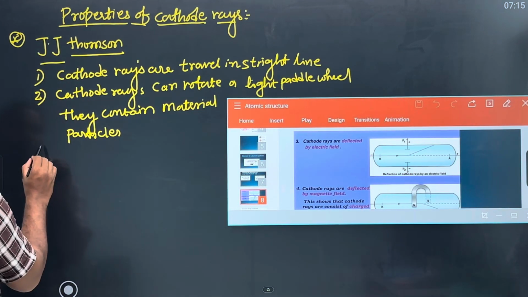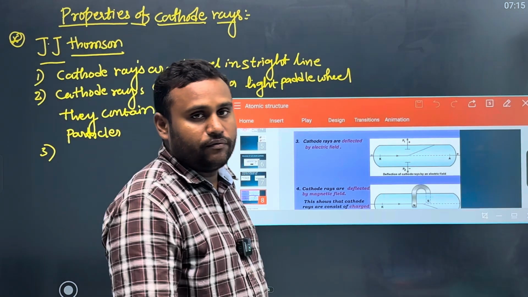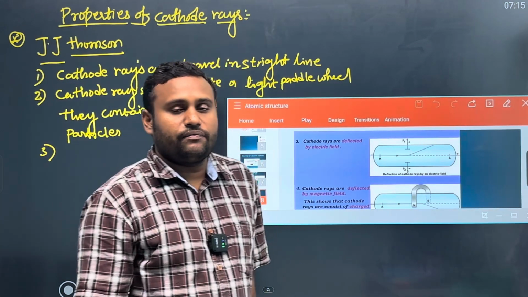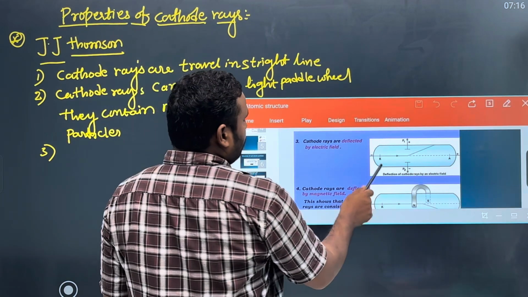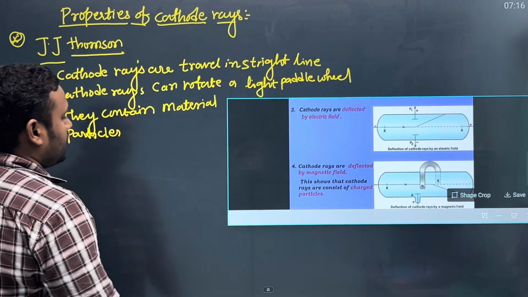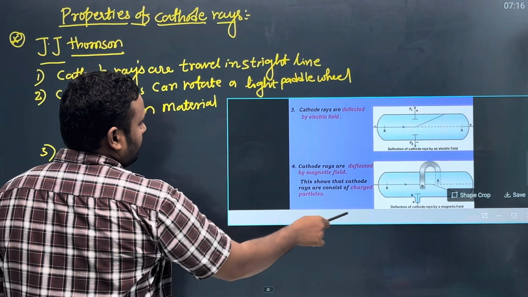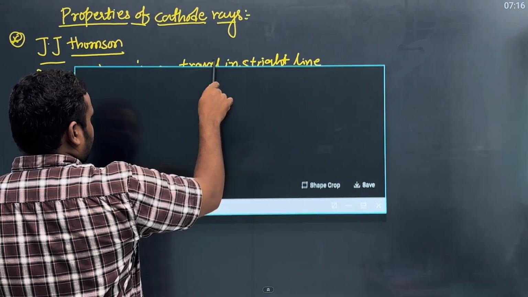Next, previously we know that cathode rays travel in a straight line, but when you place an electric field or a magnetic field, what is happening here? In the external electric field or external magnetic field, they are not traveling in a straight line.